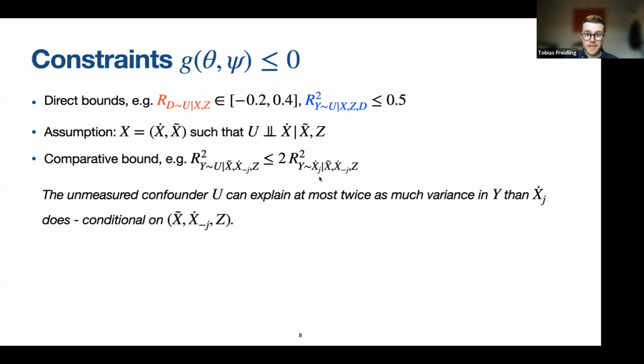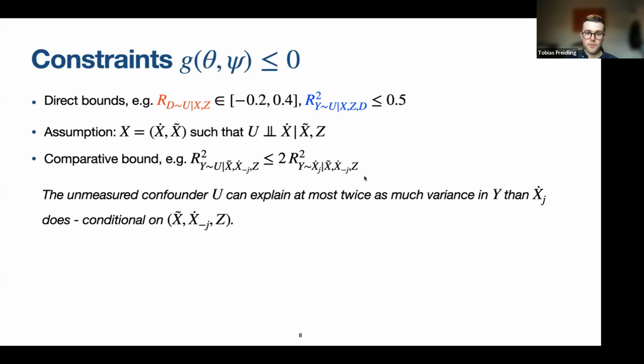For example, this one here. And what we do with comparative bounds is we compare how good the unmeasured confounder u can explain variance in y compared to an observable covariate x dot j.